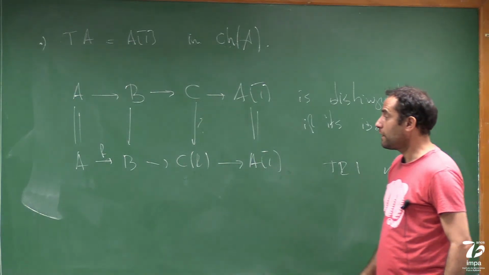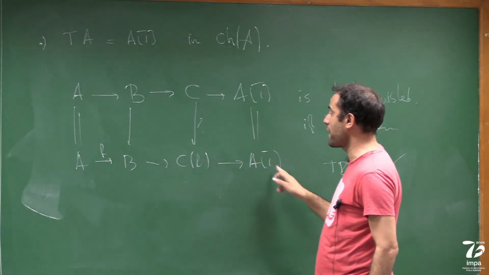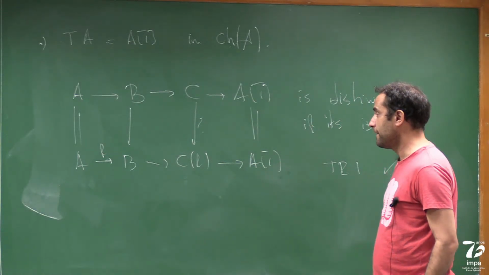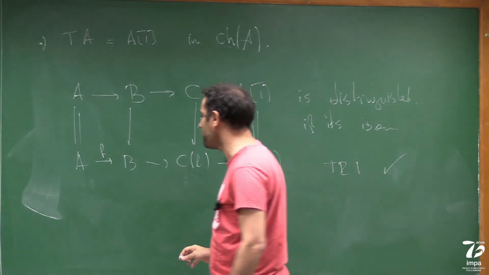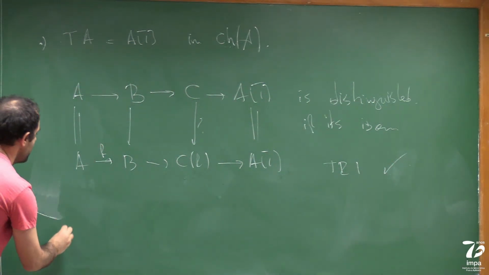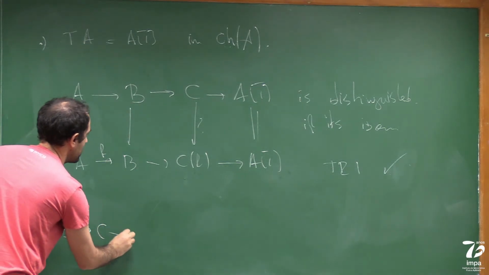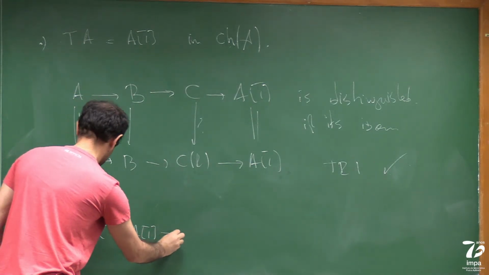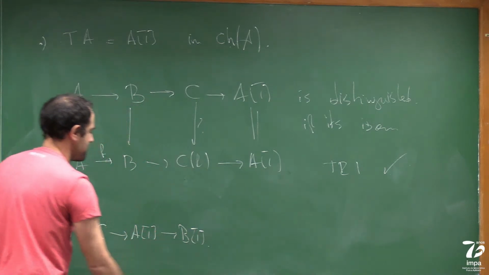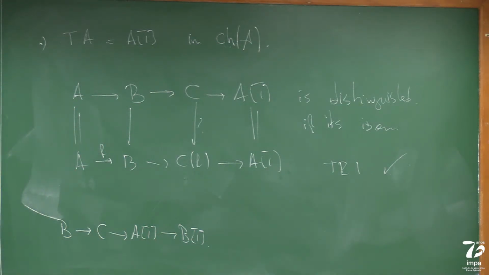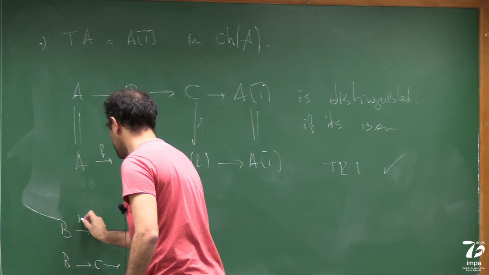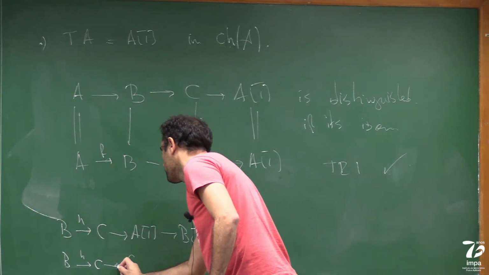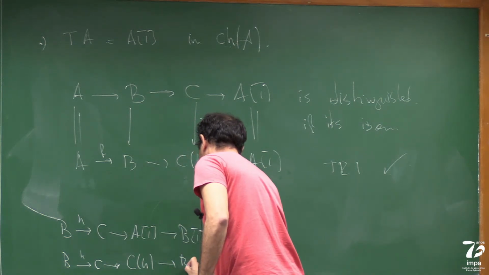Now, if you have a distinguished triangle, I need to check that a triangle is distinguished if and only if this triangle is distinguished. But that's trivial again, because this triangle is distinguished by definition if and only if it is isomorphic to a triangle of that form. So let's call this map H, to the cone of H, to A shifted by 1.